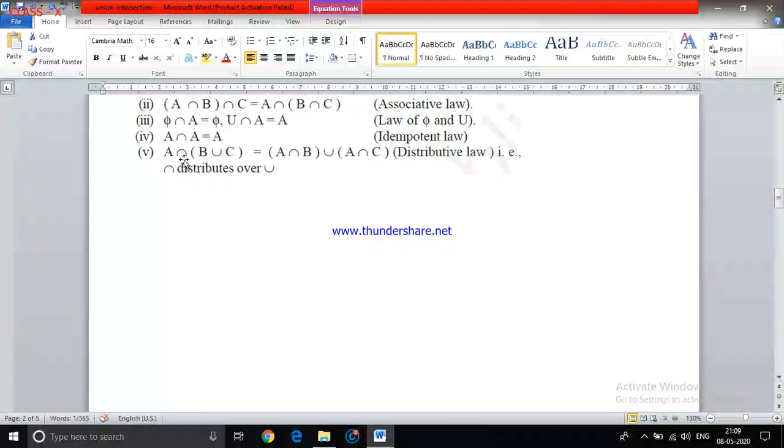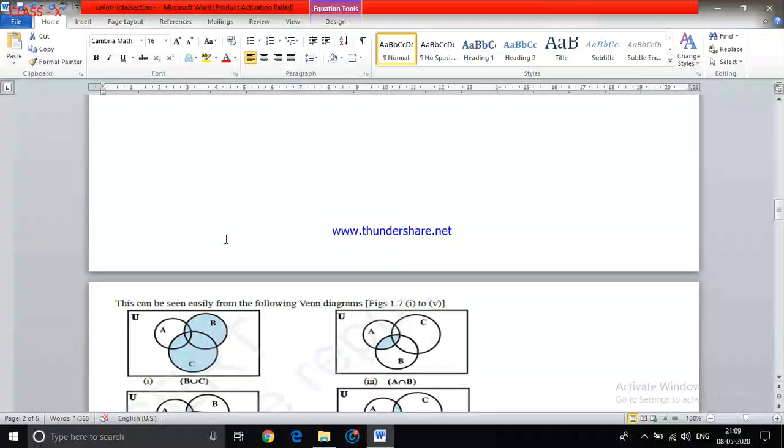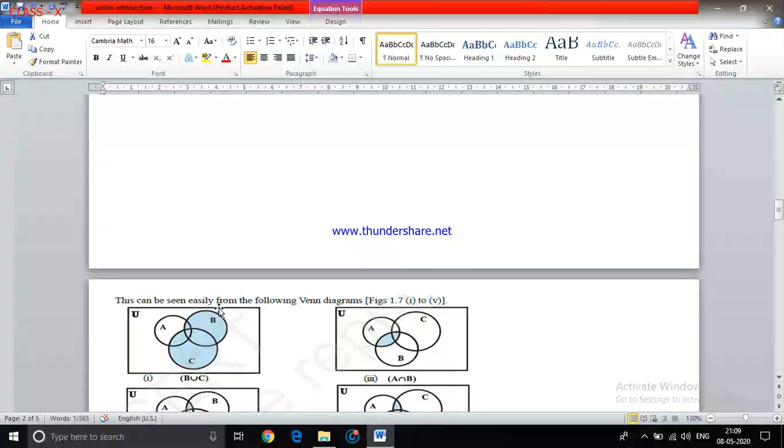Now I have to take an intersection with A. In the first diagram, where you have B union C, how much part has the intersection with A? That means with the A circle, how much portion of the entire blue color part has a common portion with circle A?